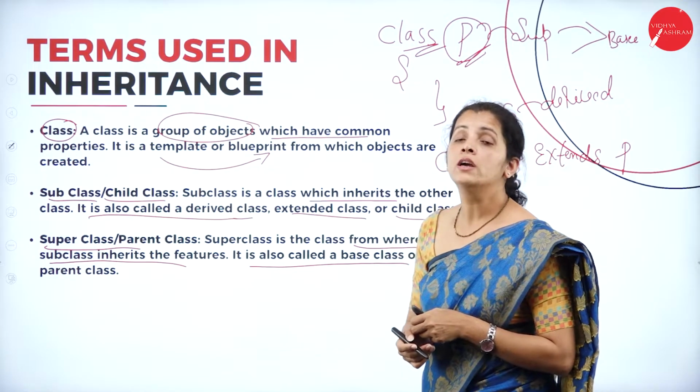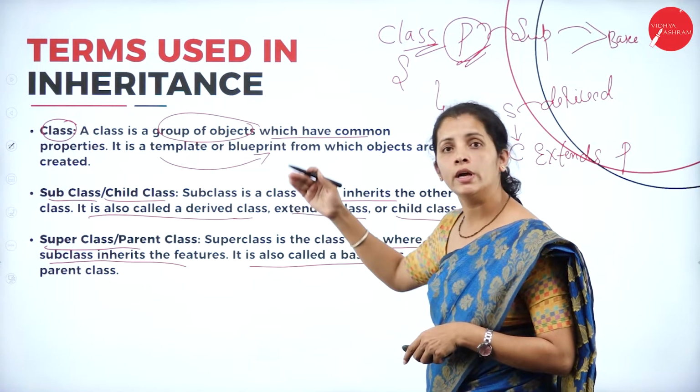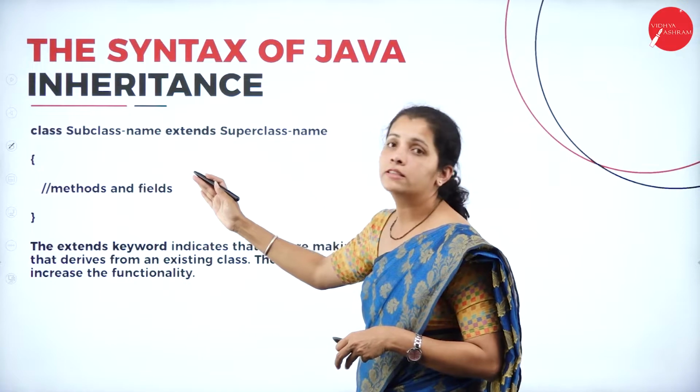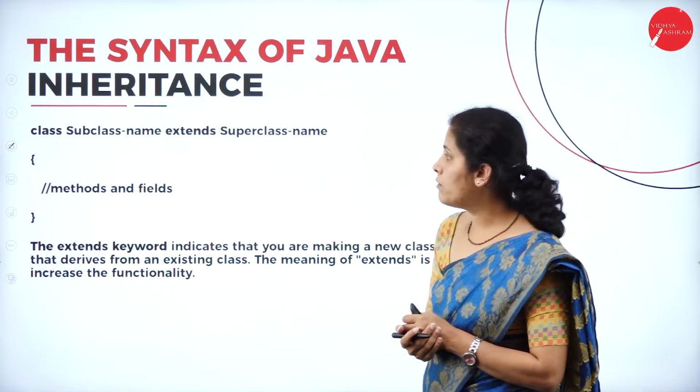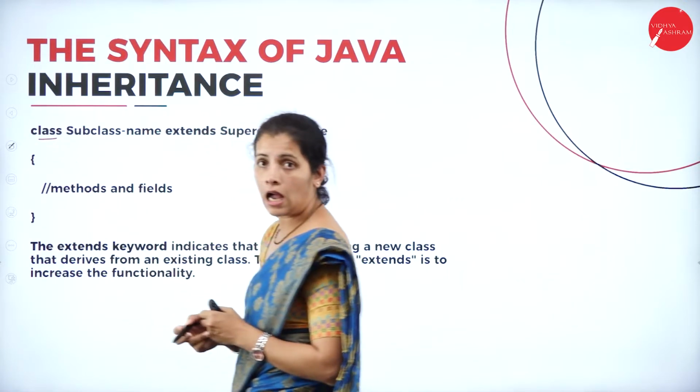I hope you understood the terminology related to inheritance. Now, this is the syntax used to write inheritance in Java. So here at the beginning, I'm going to have class.